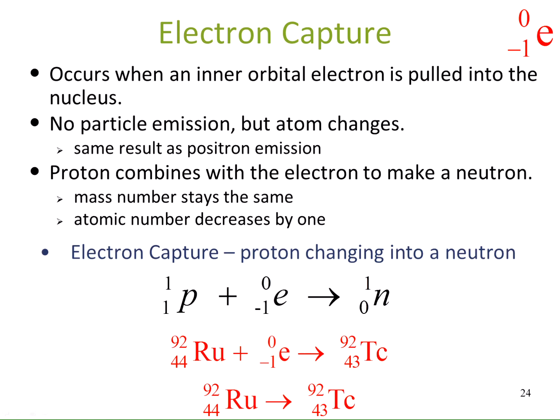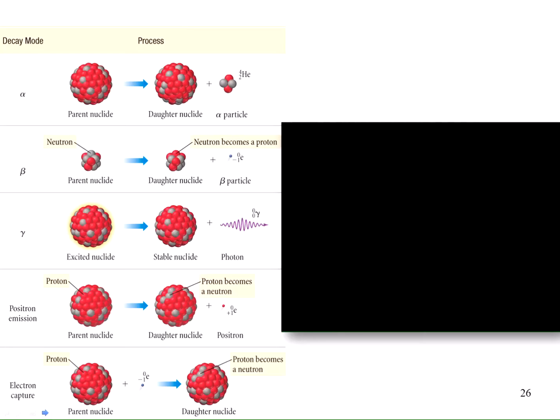When it takes in that electron from the inner orbital, and that electron combines with a proton, it becomes a neutron. So we lose one of those protons as it becomes a neutron. The atomic number drops from 44 to 43, and this is technetium. But the total mass number doesn't change.